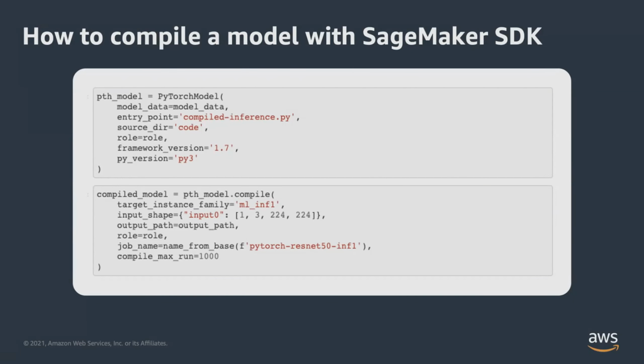You probably just start simply by compiling your model with Neo and try to deploy it with the same instances that you deployed before, and then you test how much is improved with the model compilation.